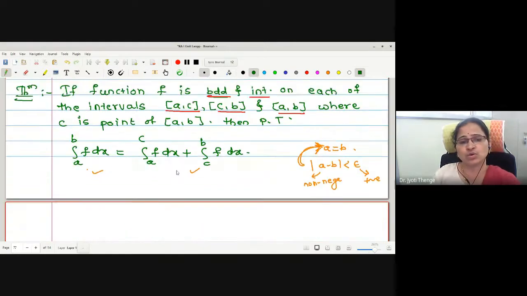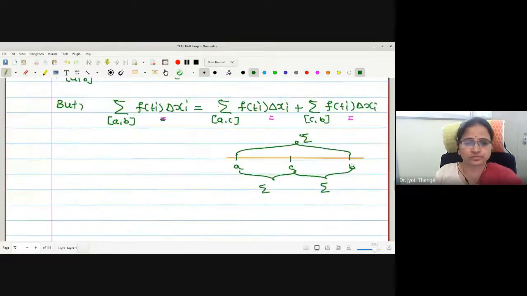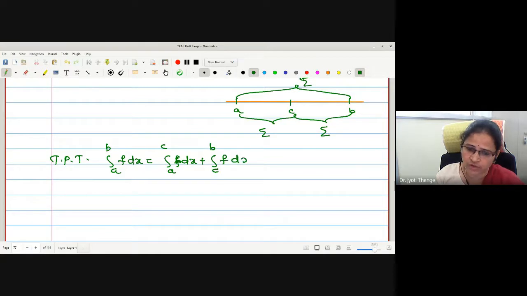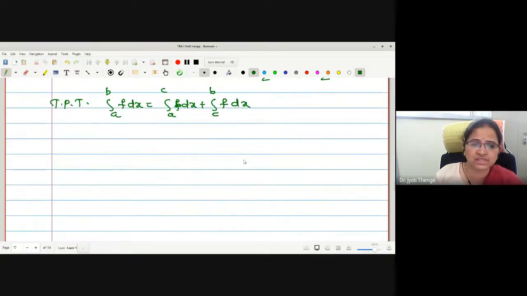Now let us go to prove this fact. And to prove this fact, we will use this terminology. So let me write: to prove that integration a to b f dx is equal to integration a to c f dx plus c to b f dx. Now, what am I considering?